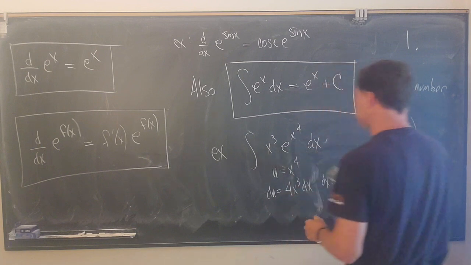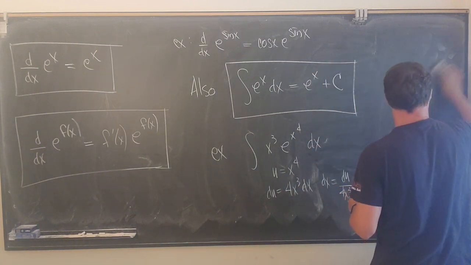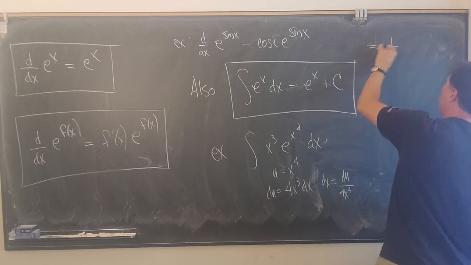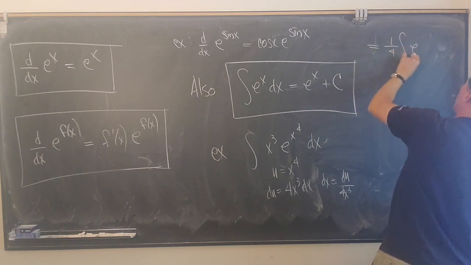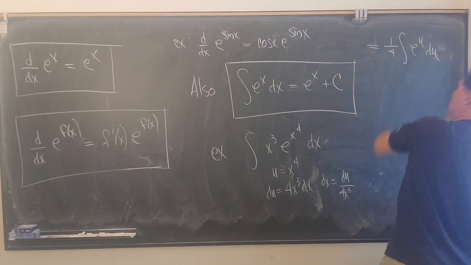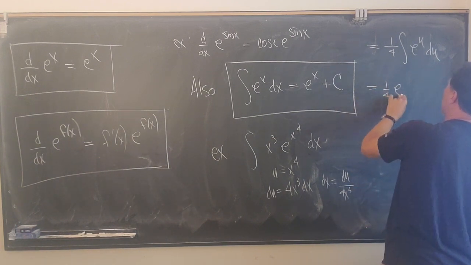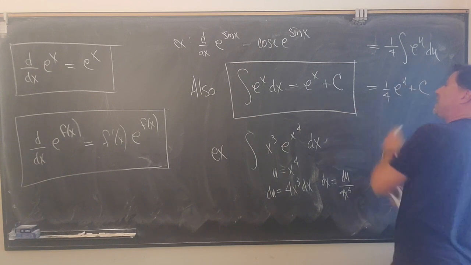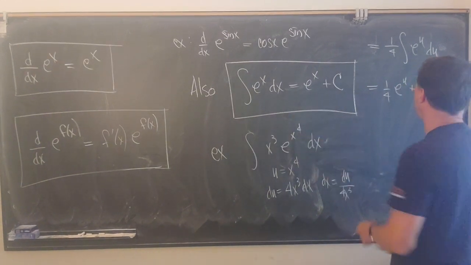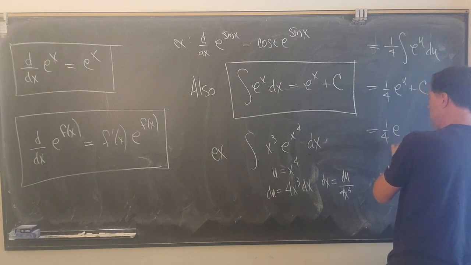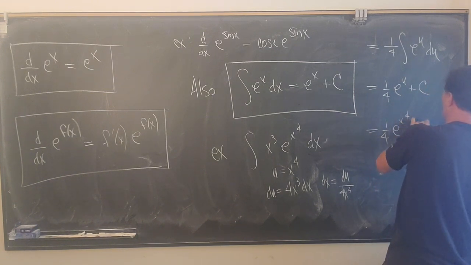And so this original integral is going to be, what do we get? A 1/4 integral e to the u du, which is a 1/4 e to the u plus c according to our formula here. And when we substitute back, we get a 1/4 e to the x to the 4th plus c.